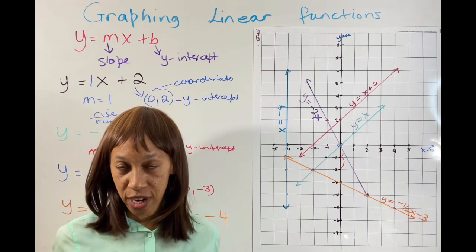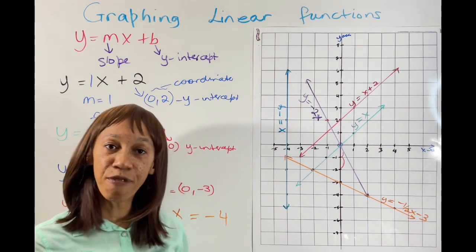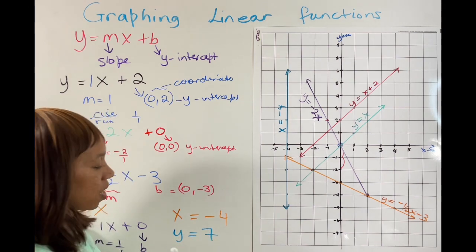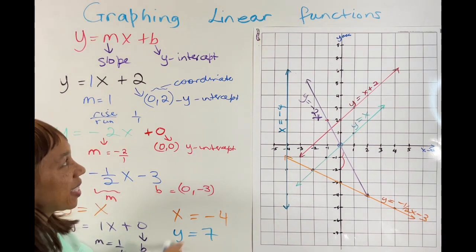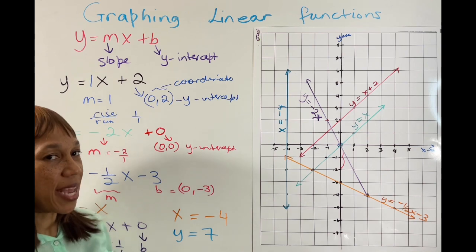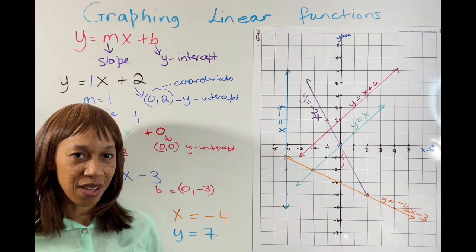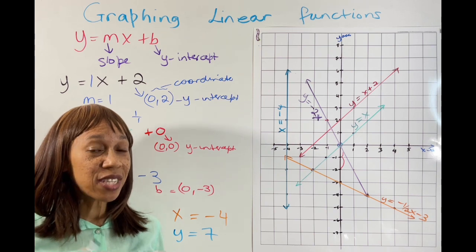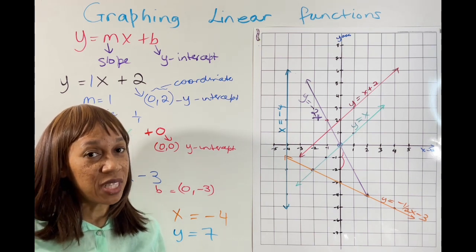Now I'm going to show you another example. Let's graph y equals 7. This is not really in the form of y equals mx plus b. But in actuality, yes, it is. There is something that is missing, which is a 0 value.